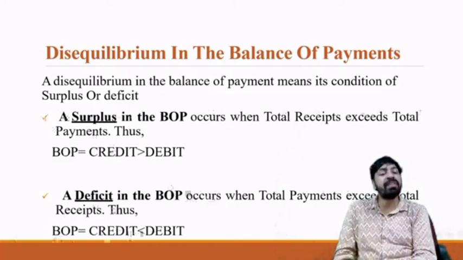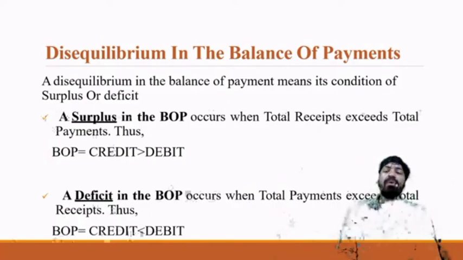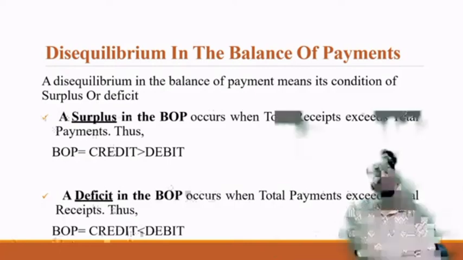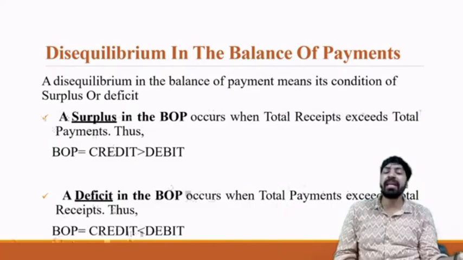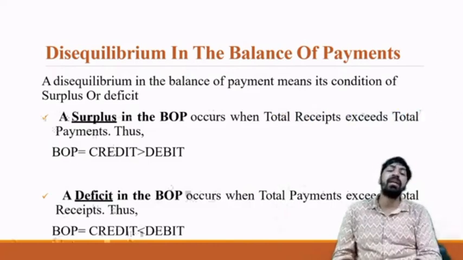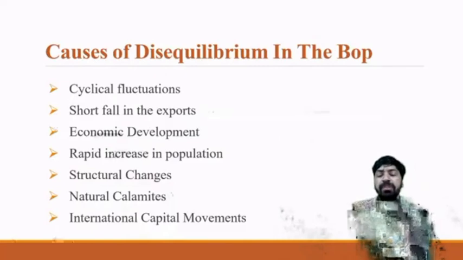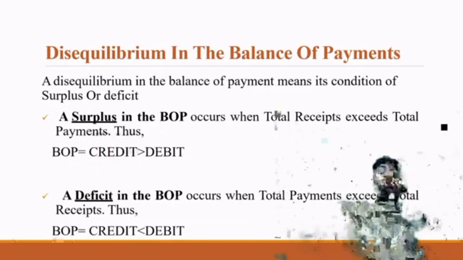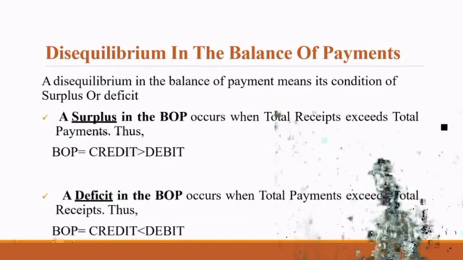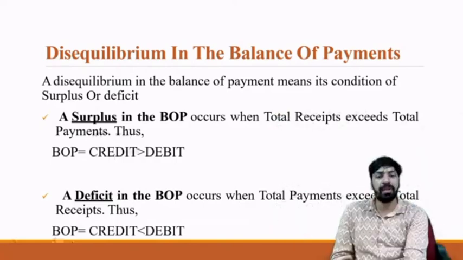That means a deficit situation arises in the balance of payment. So this is a true disequilibrium condition. And why does the disequilibrium occur?